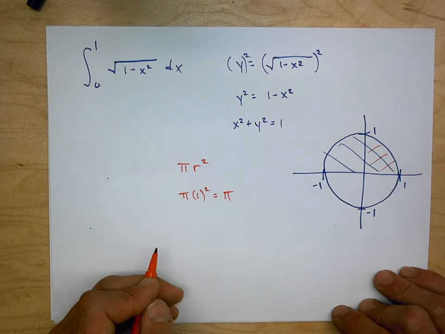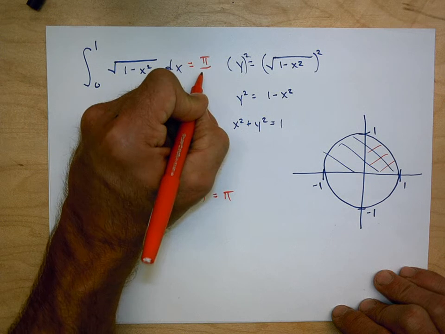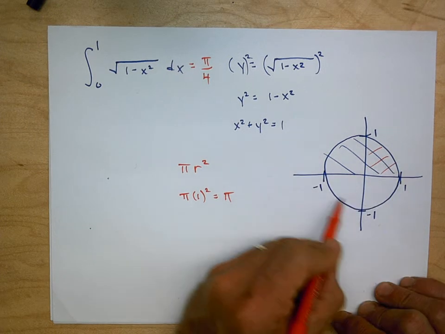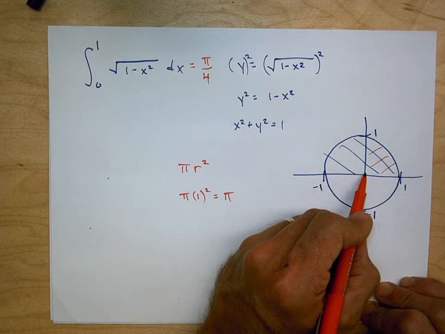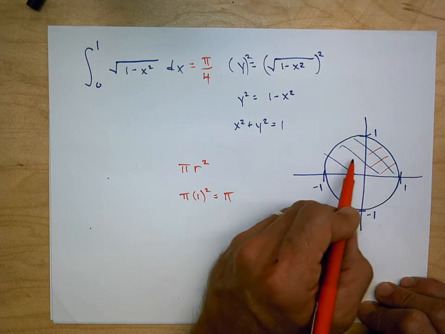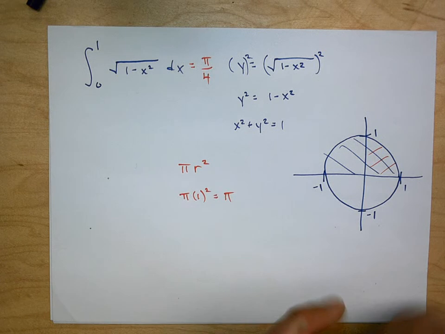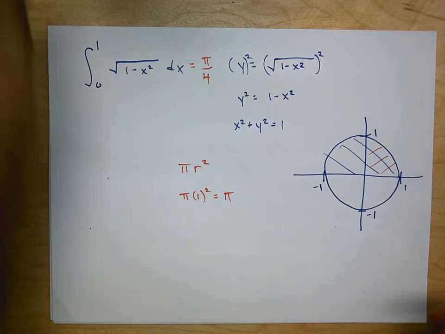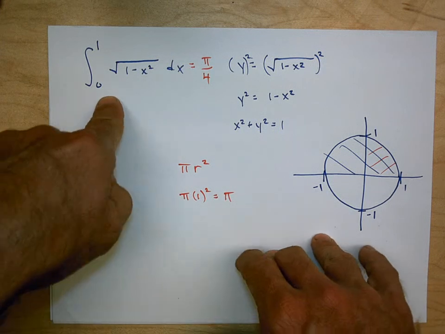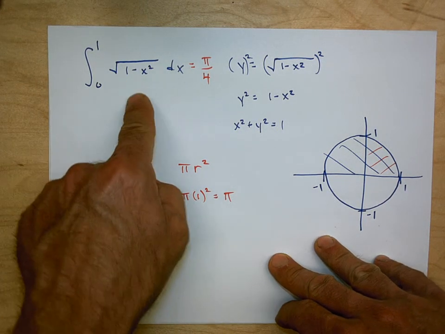So this would be equal to pi over 4, because this circle is centered on the origin and it's symmetric about the origin. Then each of these will be 1/4 of the area of the whole thing, or pi over 4. So this is just a way to use what we know about geometry in order to compute definite integrals. And again, if we're talking about functions that are non-negative, then the definite integral and the area underneath the curve are the same thing.